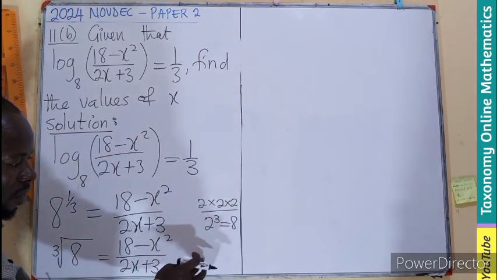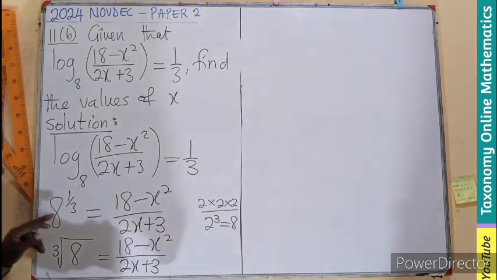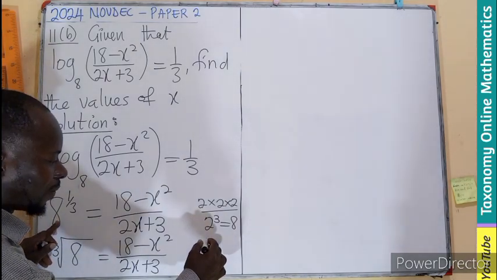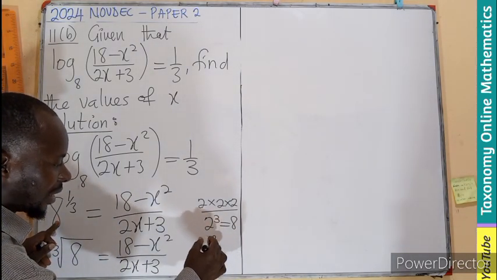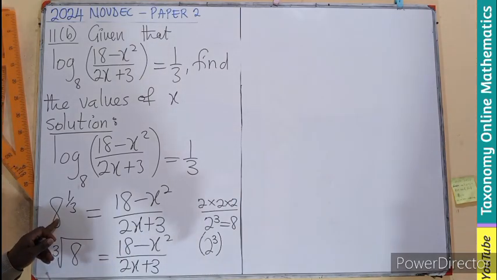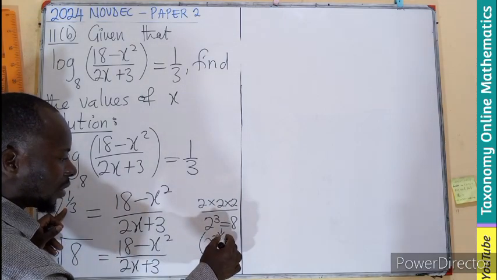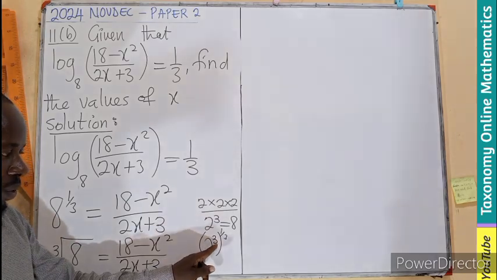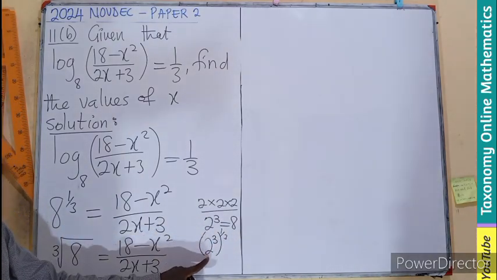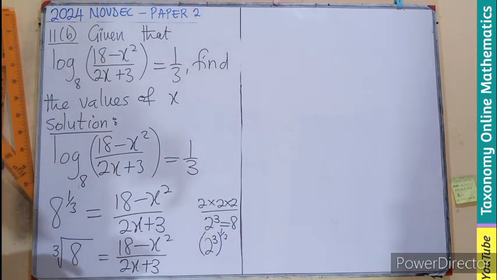Or, in the other laws of indices, we can maintain the 8 to the power 1/3 and make it 2 to the power 3 to the power 1/3. We can see 1/3 and 3 will cancel, remaining only 2. Any other way you apply the concept, you still get 2.